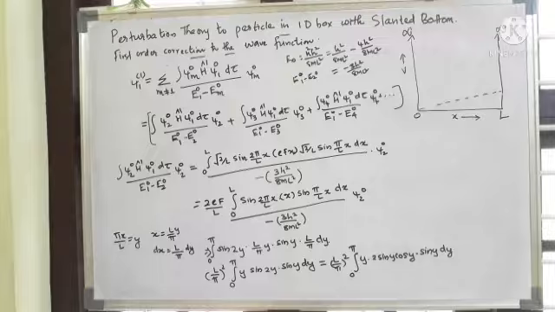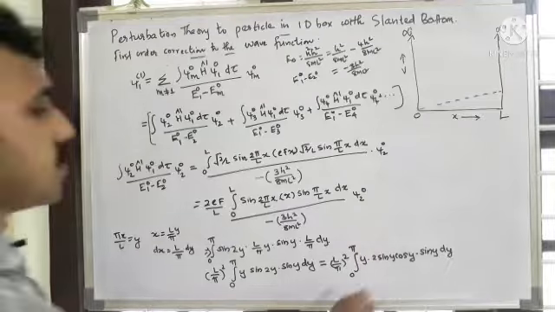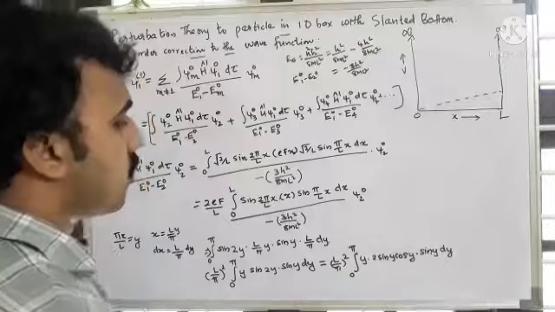Then 2 sin y into sin y into sin y is sin square y.